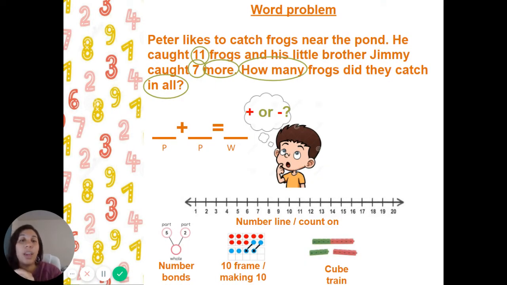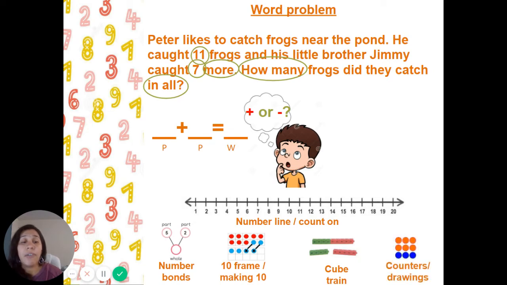Anything that you can put together will work very well, okay? So how do you make a number train? You find maybe 2 different colors, okay? One with 11, one with 7, and then you put them together and count. How many did you get?